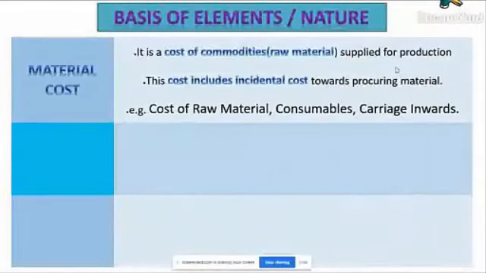Whenever we manufacture any product, we require raw material, and the cost of this raw material is called the material cost. Not only the main raw material, but incidental materials, that is consumables, are also treated as part of the material cost. Now this material cost is further expanded to the cost of material plus all expenses incidental to the purchase of material. So it can be carriage inward also.